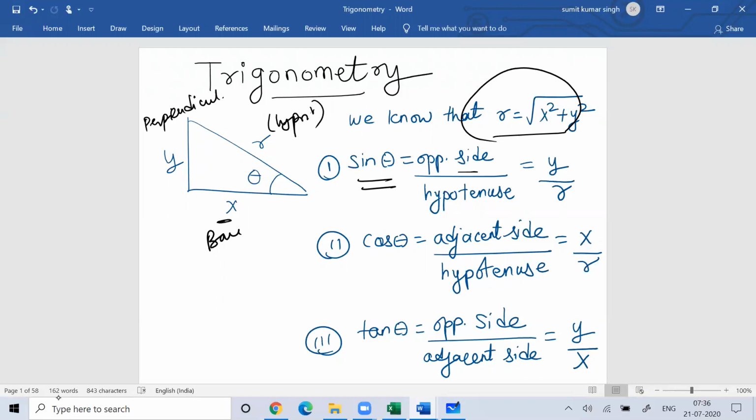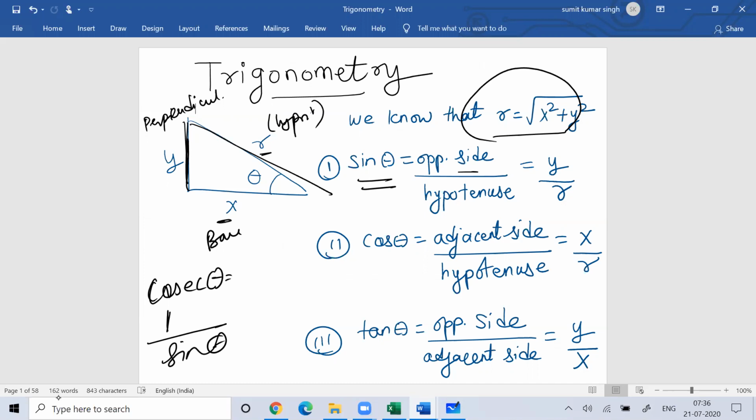Sine is perpendicular by hypotenuse, y by r. This is called sine theta. Then we say cosec theta, which is the opposite of sine theta, 1 by sine theta. In India we say cosec theta; in Singapore they used to say cosine theta. The pronunciation might be a little different, but the logic is more or less the same.